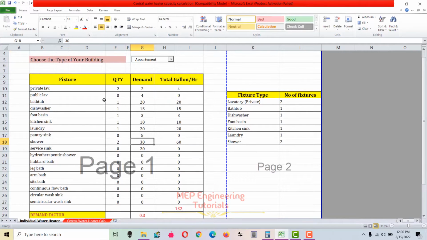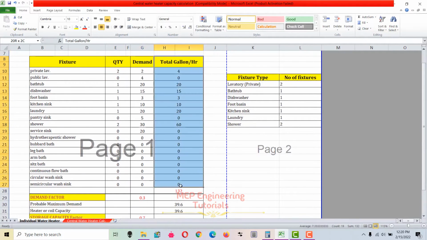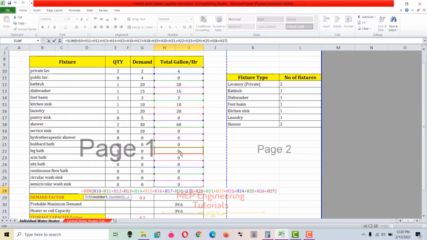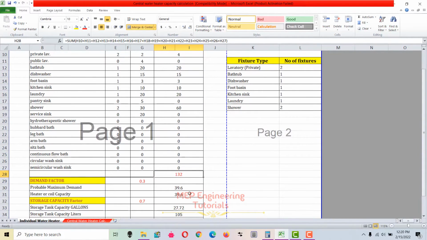Once I put all the values in here, it will calculate the gallons per hour for each fixture. The total is calculated here, which is the sum of all the fixtures. So total GPH is calculated as 132 gallons per hour.